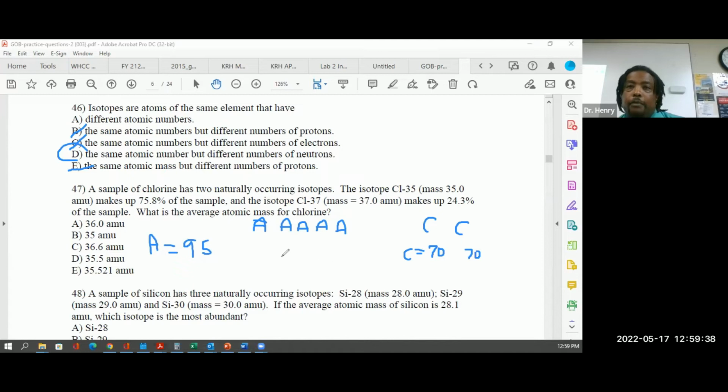Is that going to equal 80%? Or 95? You said 95 plus 70? Is that how you would calculate your grade?